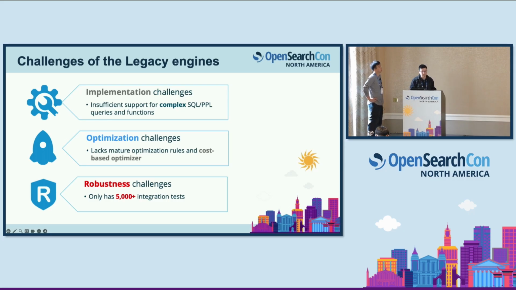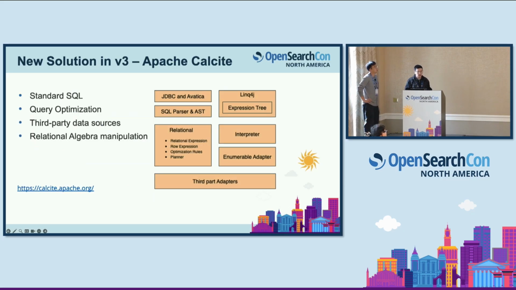The second is that in the V2 engine we have very few optimization rules, and we don't have a cost-based optimizer or any optimizer. And even though we have 50,000 integration tests, compared to a mature database, the testing is still insufficient. So our new solution is to integrate Apache Calcite.